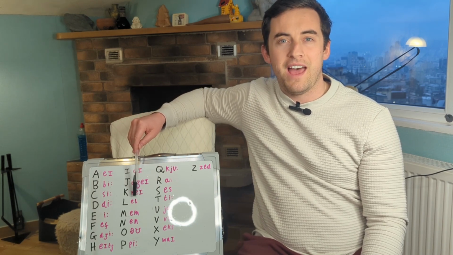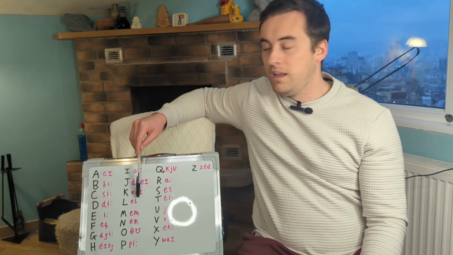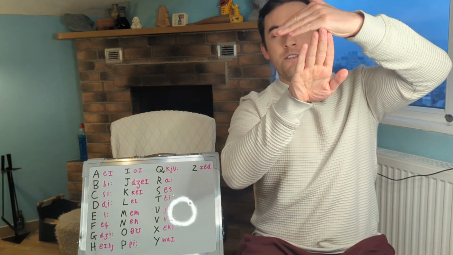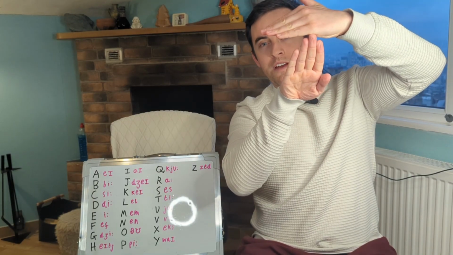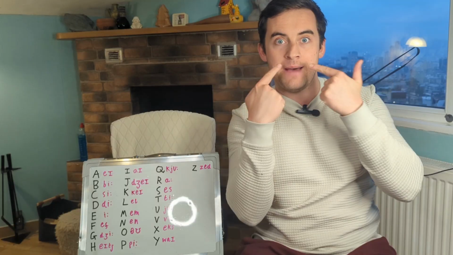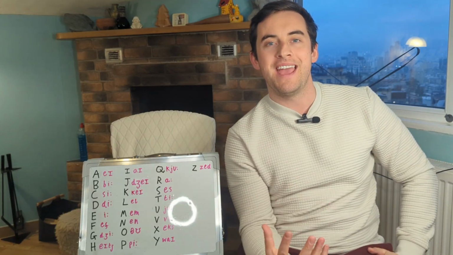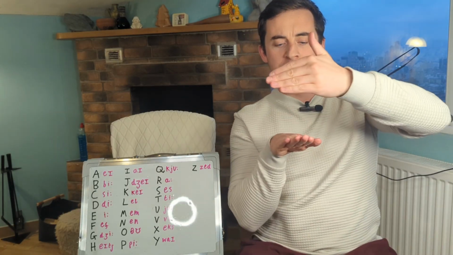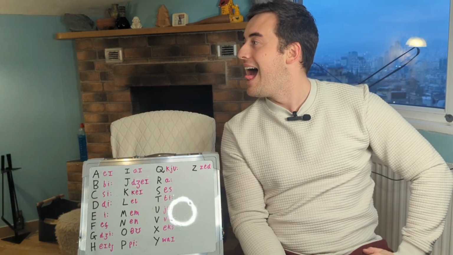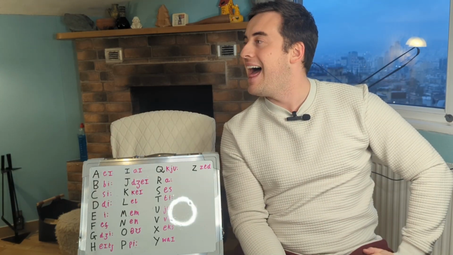L. F for elephant. The lateral releasing consonant where your tongue tip is going to touch your gum ridge and the phonation is going to come out the gaps at the sides. So you start in the schwa and then put your tongue tip up like you're licking an ice cream.